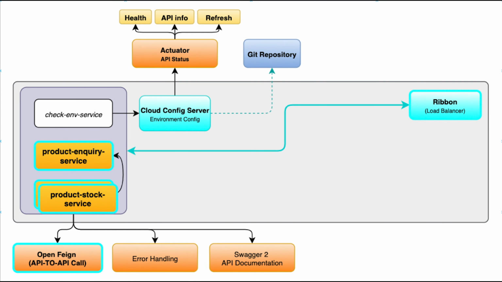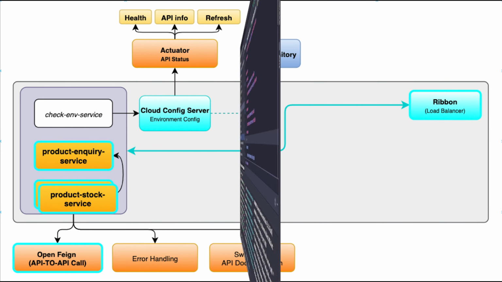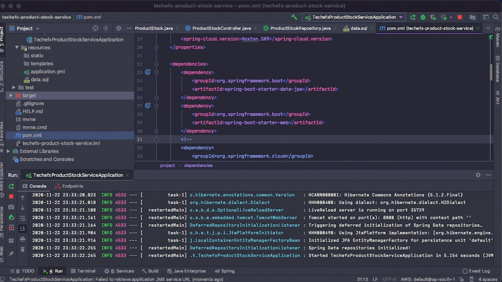Now in this section, we are going to learn how we can run multiple instances of stock service on different ports and how we can enable Spring Cloud's Ribbon load balancer in inquiry service to access multiple instances of stock service. For doing this, let's create another instance of a stock service. As you can see here, one instance of a stock service is already running on port 8800.